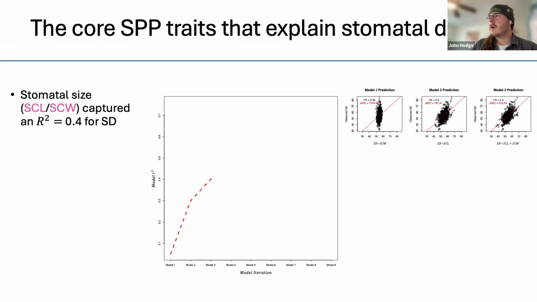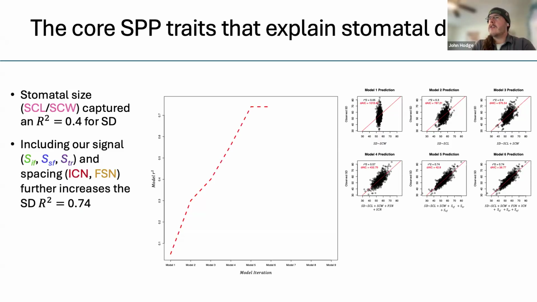So we took a prediction modeling approach to see at what point we plateaued on describing new information that underlies stomatal density. You can see that during the first phase of this iterative modeling, when we just use cell size, we get a weak R squared of about 0.4. However, as we include our signal and our spacing variation, we very quickly creep up to explaining about 74% of that information underlying stomatal density.